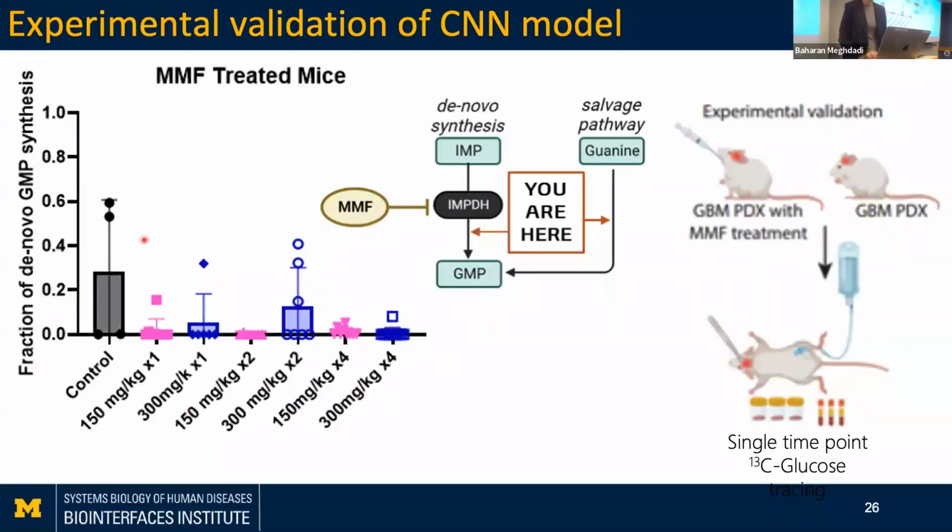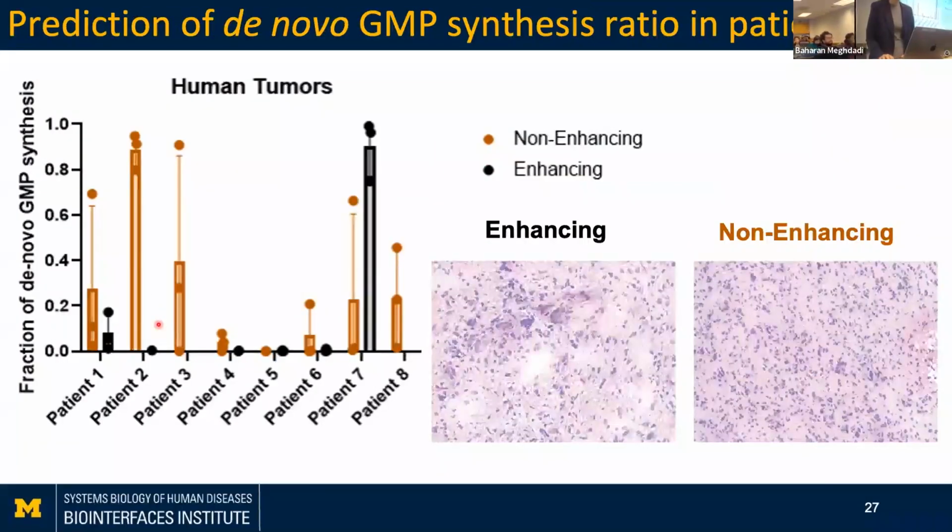And our prediction also shows this, because we can see that here the control condition has higher levels of de novo GMP synthesis, but for the MMF treated one, it predicts lower levels of de novo GMP synthesis. And then we use our model to predict the de novo GMP synthesis ratio in patients.